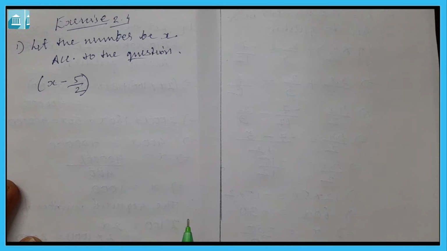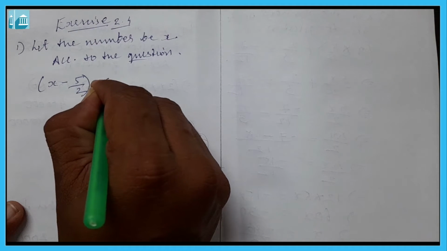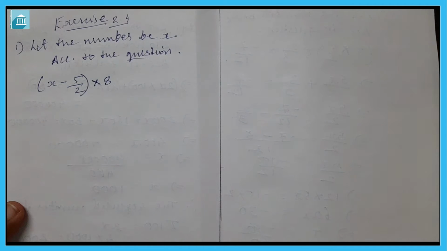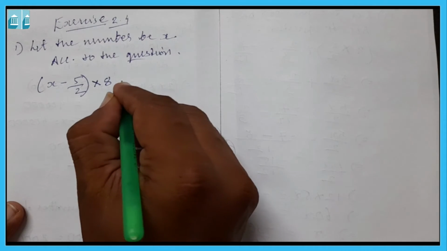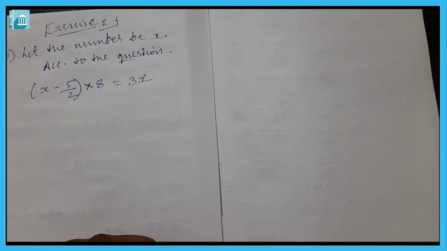The first condition will be this. Second condition, she multiplies the result by 8. The result now obtained is 3 times the same number she thought of, which means it is equal to 3x.